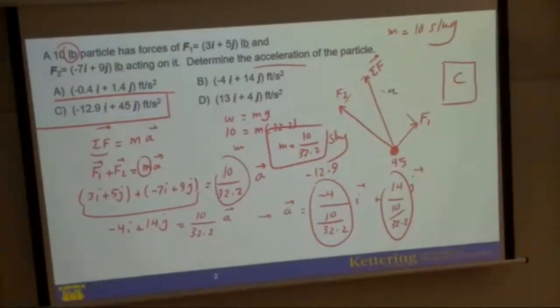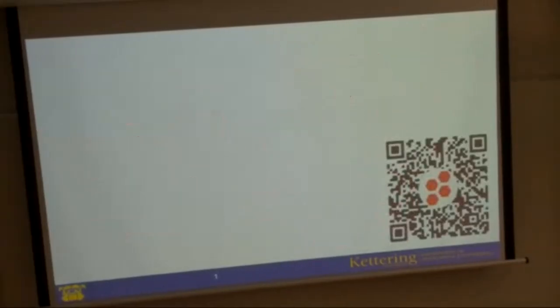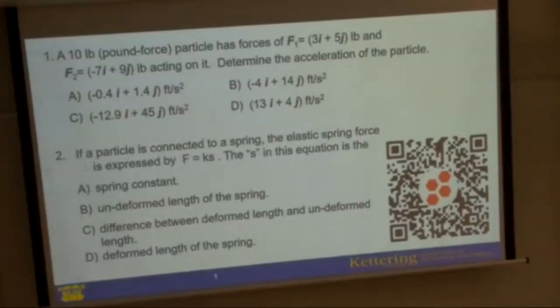Questions? No? Okay. First question, the answer is C. The second one, that's the easy one. If a particle is connected to a string, the elastic spring force is expressed by F equals ks.